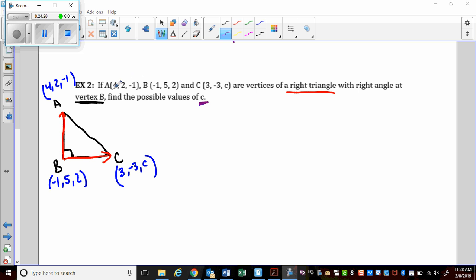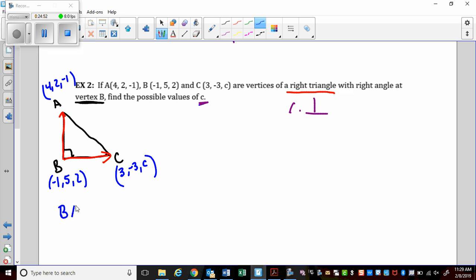Okay, so I just drew this triangle. It says if A, B, and C are vertices of a right triangle. We know that a right triangle has a 90-degree angle, and that means that these are perpendicular. I drew the triangle so we could see that vertex B is the one that has the 90-degree angle. So BA is a vector and BC is a vector. We need to find these vectors.